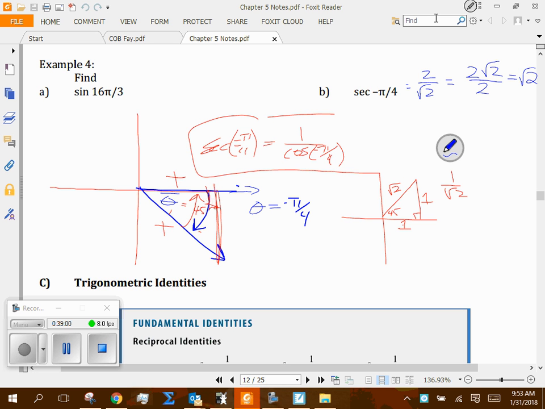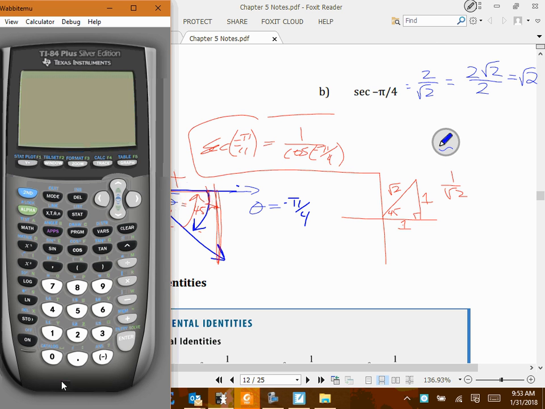So go ahead and do it. Let's go 1 divided by cosine on your calculator, and as the angle, type in negative pi over 4. Make sure you're in what mode? Radians.